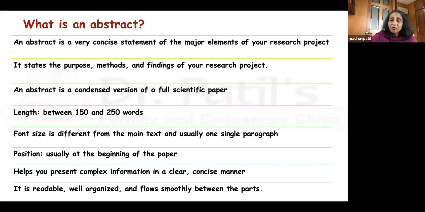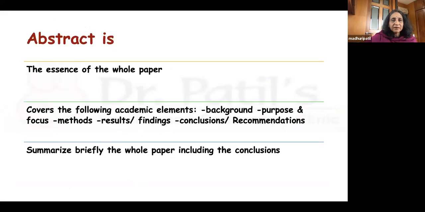The font size is always different, you can see, and even the type of lettering what is used is different from the main text, and it is basically in a single paragraph, and it is usually seen at the beginning of the paper, and it helps you present complex information in a clear, concise manner, and it should be readable, well organized, and flow smoothly between the different parts.